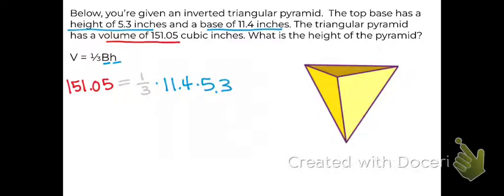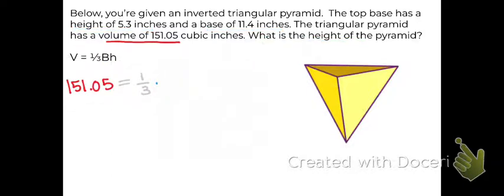Well, I don't have a variable, and it tells me to find the height, but they're giving me the height here. This is a common mistake people make when dealing with volume of pyramids and prisms when the base is a triangle.